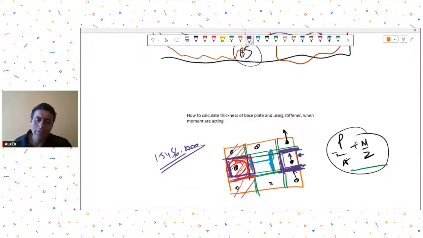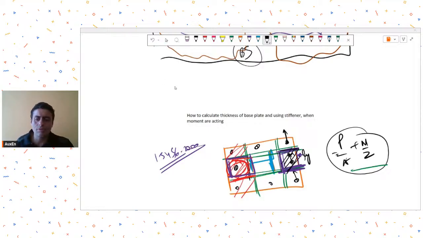Let's say for one edge discontinuous. It's not a very correct way of doing it, but I'm just giving you an approximate approach. So from there, depending on the Ly/Lx, you can find out the moments. Once you get the moments, then you can find out the base plate thickness.